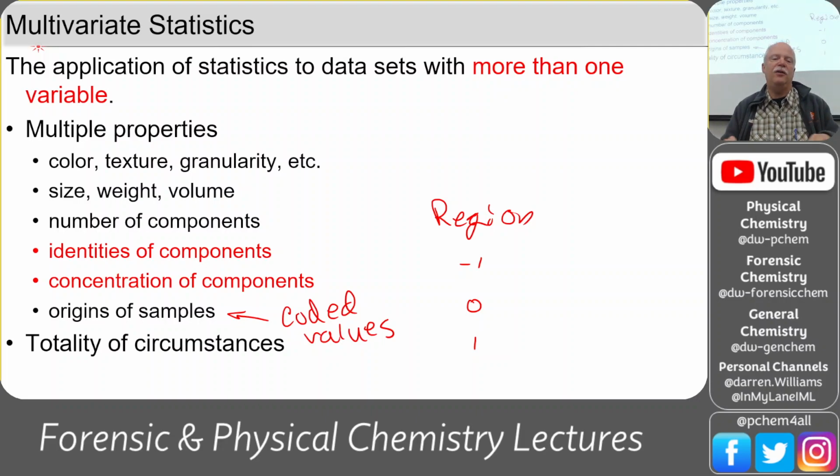And so we want to take into account somehow these qualitative values too, because they are very important. And what this term is, this totality of circumstances, is what we're really looking for. So we're not just looking for a narrow view of a numerical data point. We're trying to look at the totality of the circumstances.